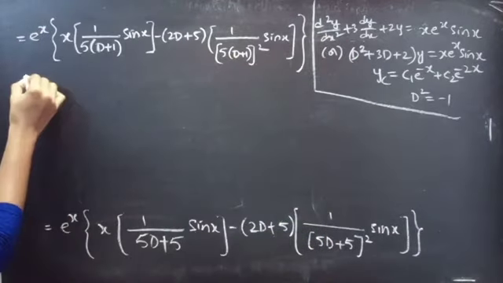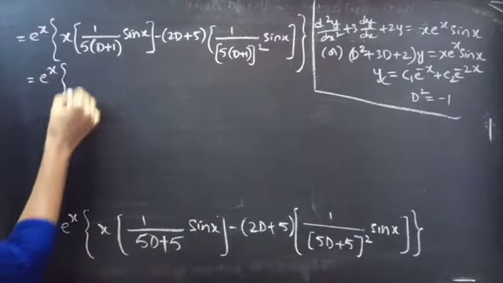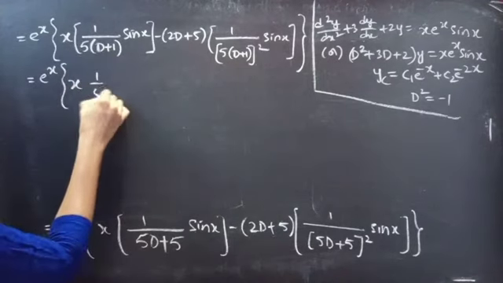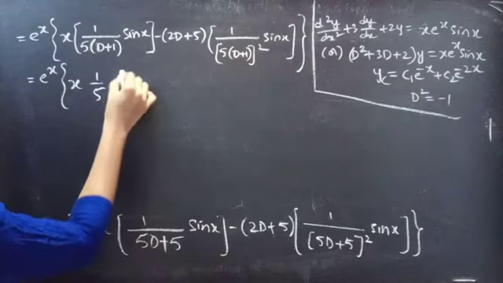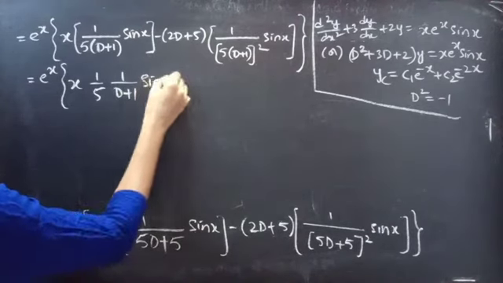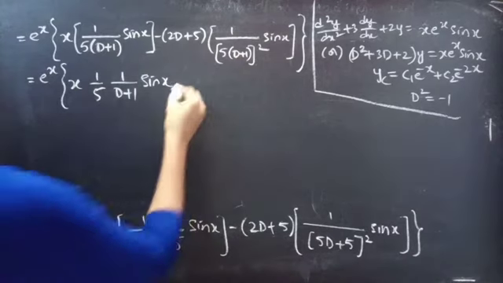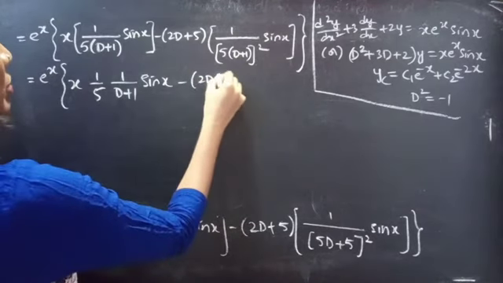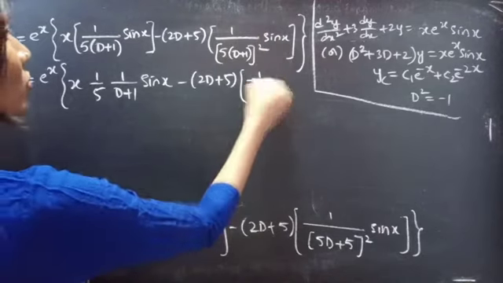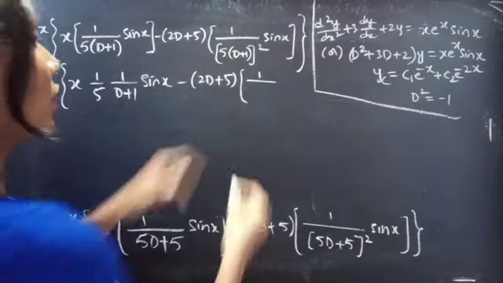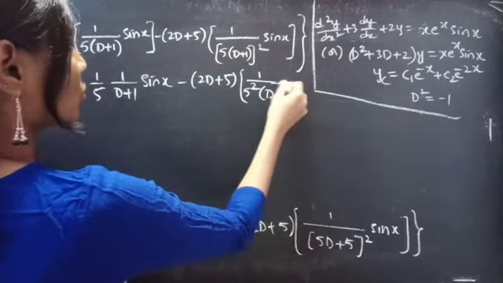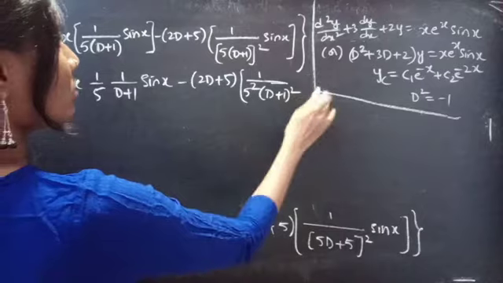This equals e power x into, we can split this fraction as 1 by 5 into 1 by d plus 1 into sin x, minus 2d plus 5 into, we can just write the denominator as 5 square into d plus 1 whole square into sin x.